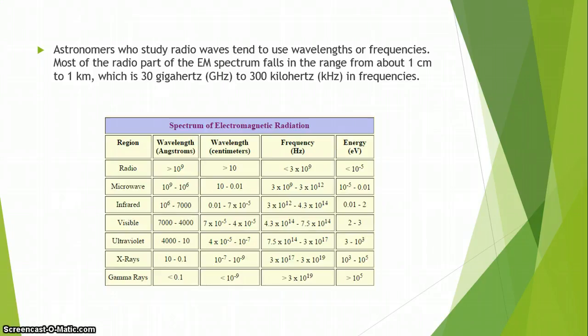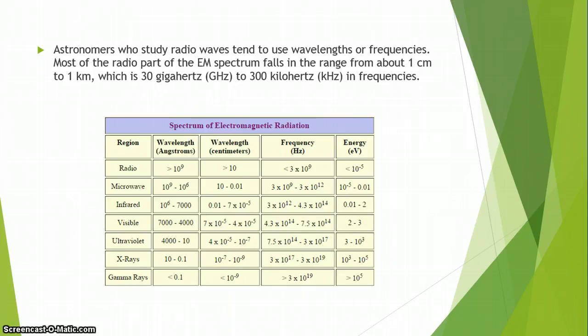We are talking about electromagnetic radiation with the smallest wavelength, which is gamma rays, with wavelength less than 10 to the power of negative 9.